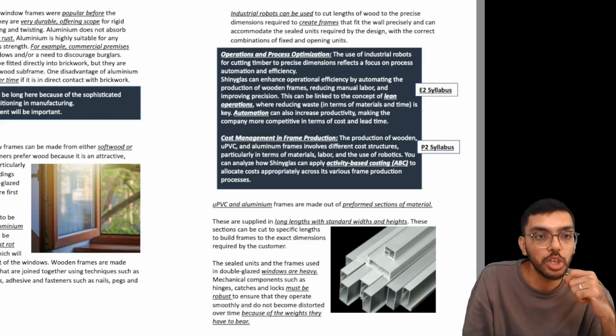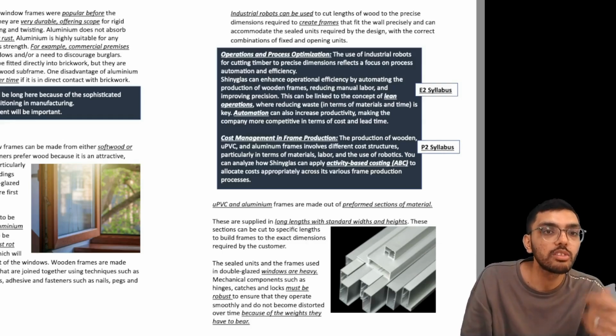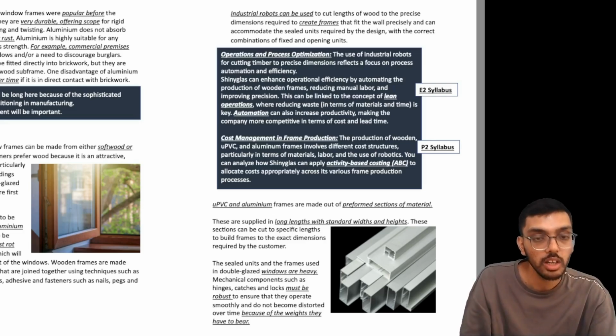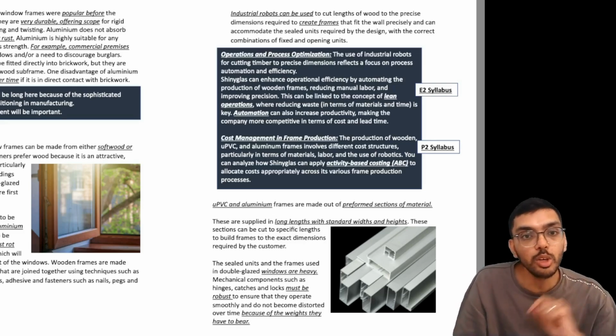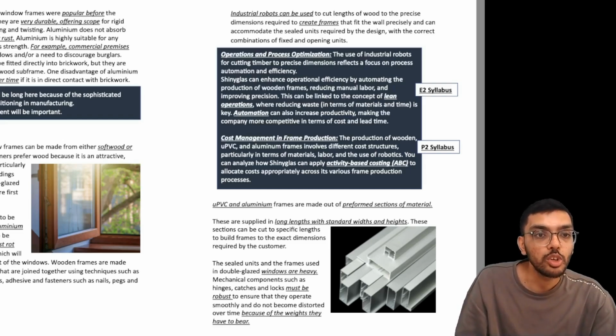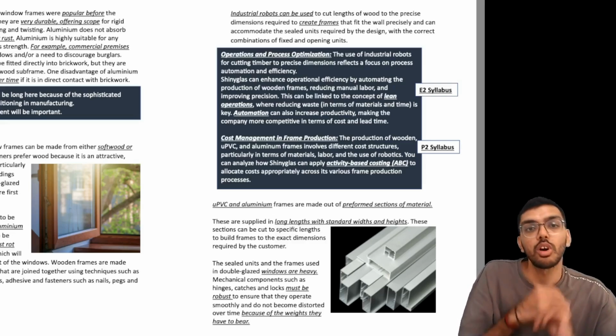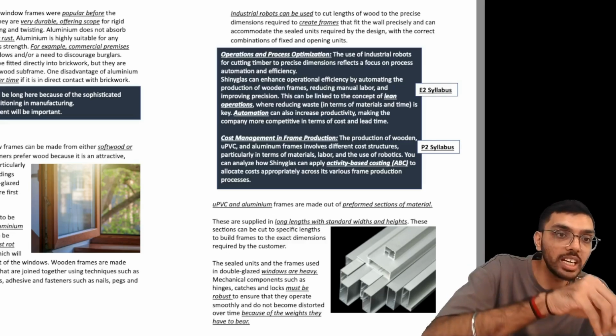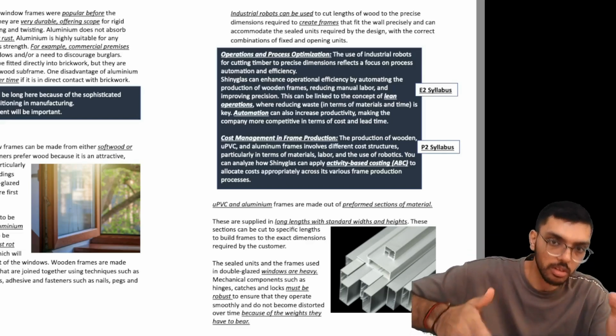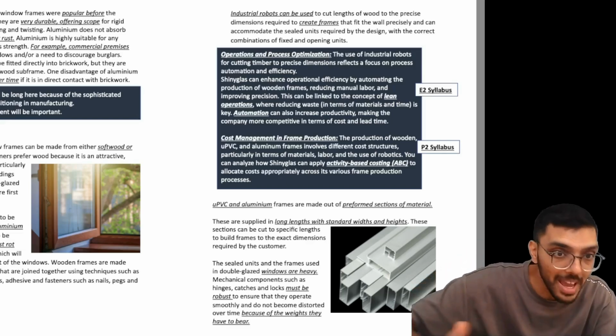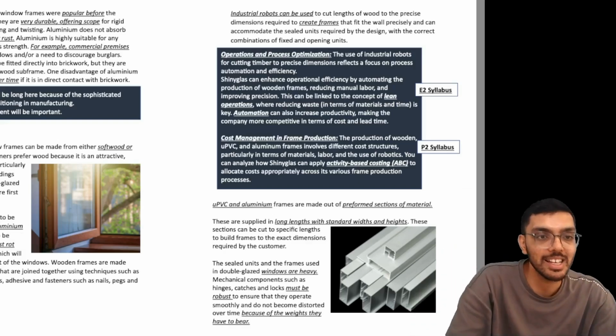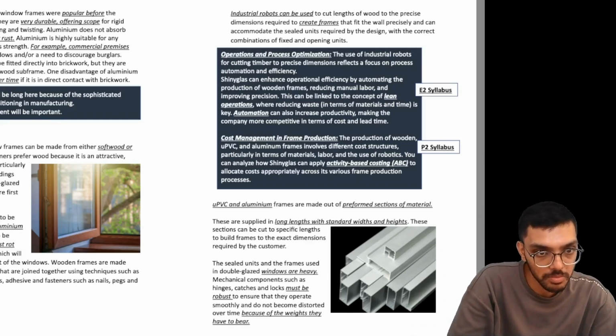For example, commercial premises that will have large windows to discourage burglars use aluminum framework that can be fitted directly into the brickwork, but they are usually built into a hardwood frame. So hardwood frame, within it is your aluminum, let's say your aluminum base on which the double glazing glass rests.